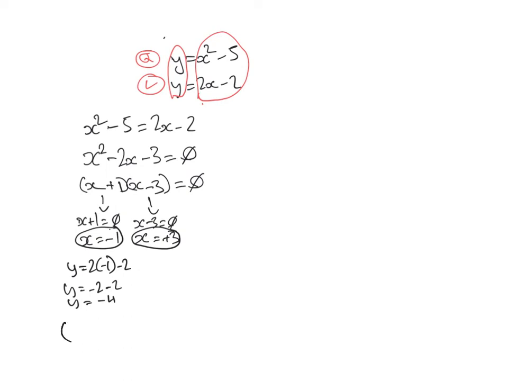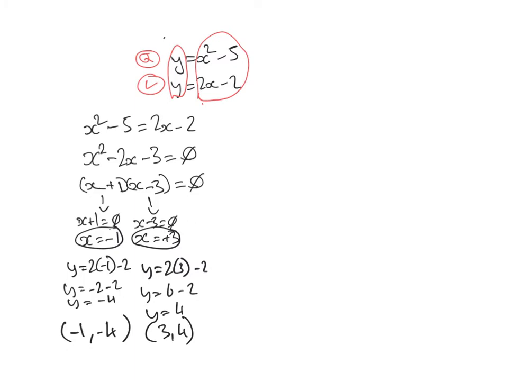Because you can lose marks in an exam if you don't associate them with the correct one. So negative 1 comma negative 4 is there. And for the x is plus 3, we've got y equals 2 times 3 minus 2. So y equals 6, take away 2. So y equals 4. So we've got 3 comma 4. And they are our two solutions.